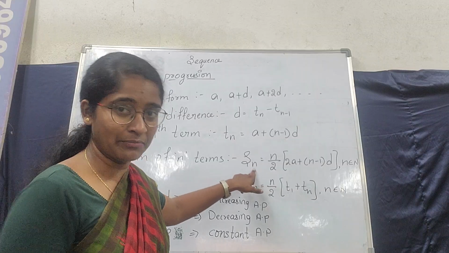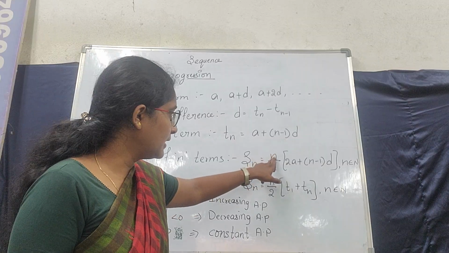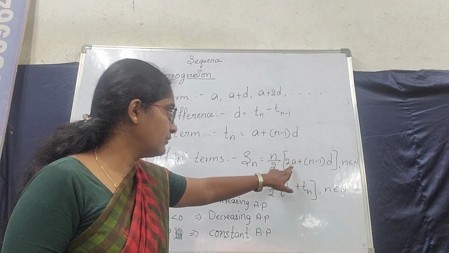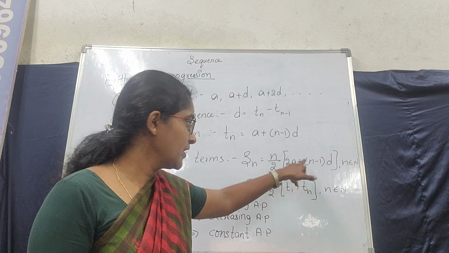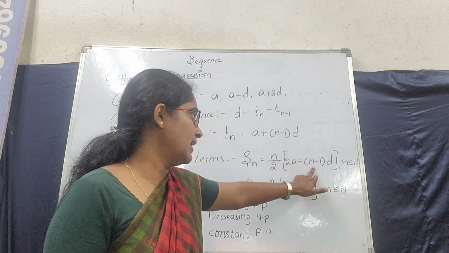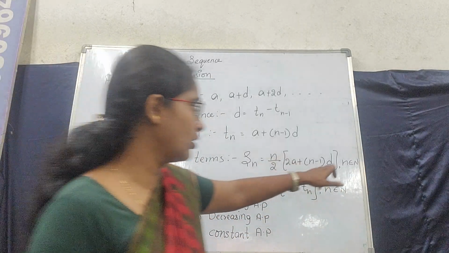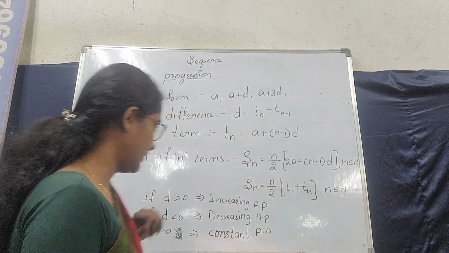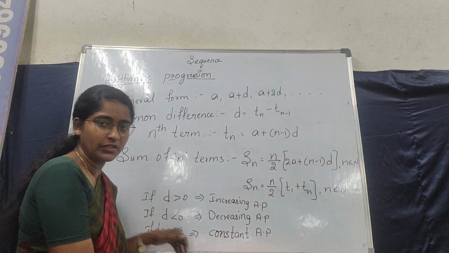So here n is 10, because there are 10 terms, so it is 10 by 2. The first term in the series is a, d is the common difference, and n is the number of terms. Here n is always a natural number.